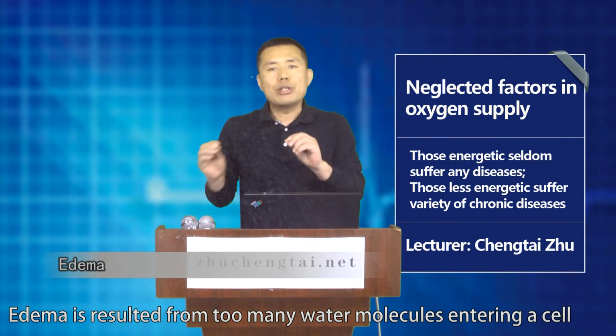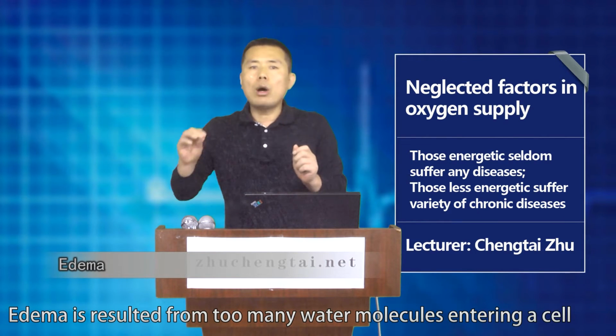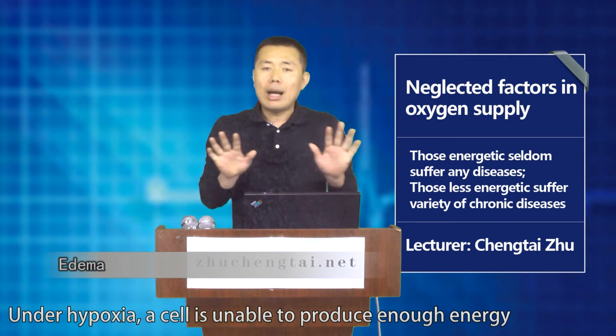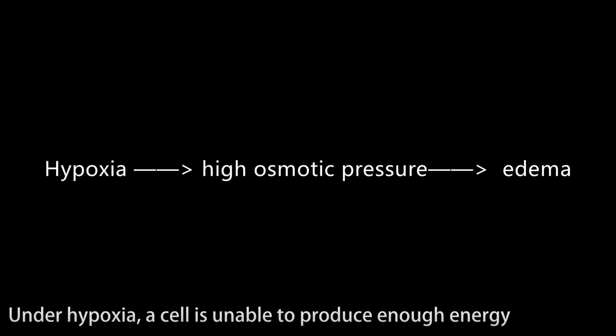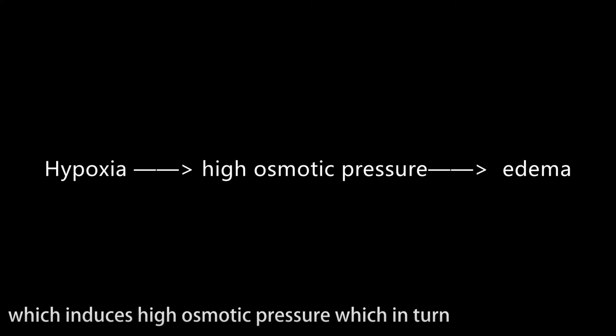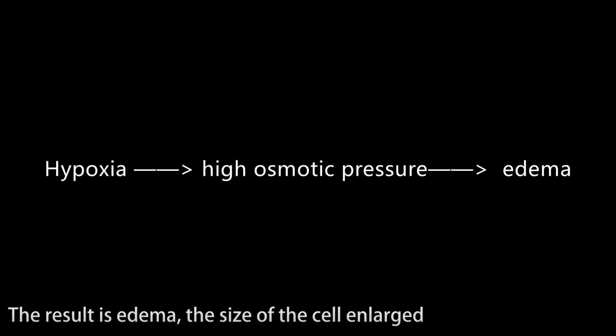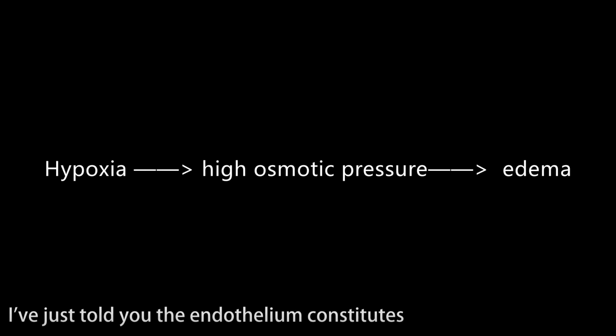Edema results from too many water molecules entering a cell. Under hypoxia, a cell is unable to produce enough energy, which induces high osmotic pressure, which in turn drags the water molecules from outside into the cell. The result is edema, the size of the cell enlarged.